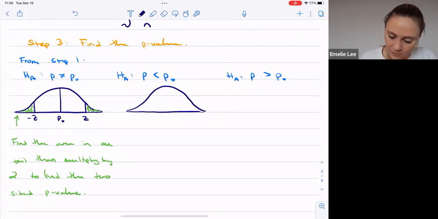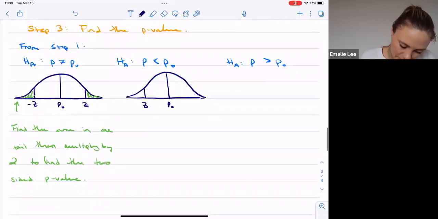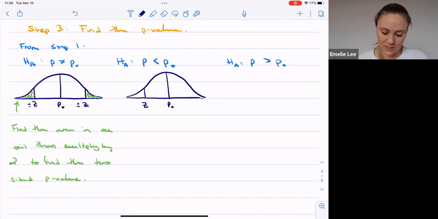If your alternative hypothesis is that P is less than P naught, then your Z must be negative. And maybe I should write plus or minus Z, because if your Z score is negative, then the positive side is actually the negative of Z. That's just me being picky.